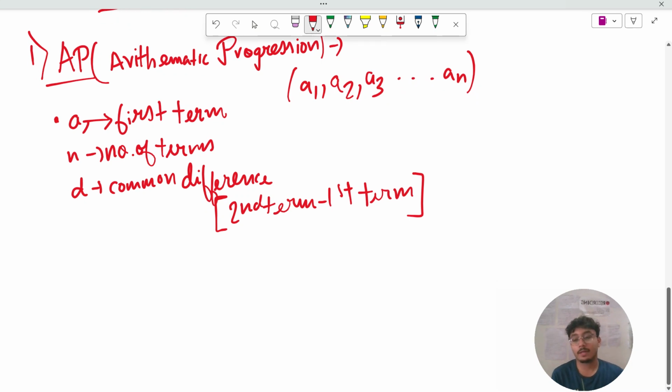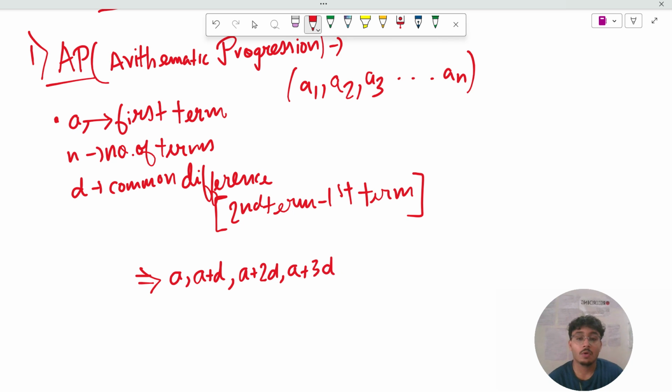So ultimately my series can be written as an AP in this form: first term, then second term, then third term, then fourth term, all the way till my last term. Now, a very easy derivation of the formula to calculate the nth term.